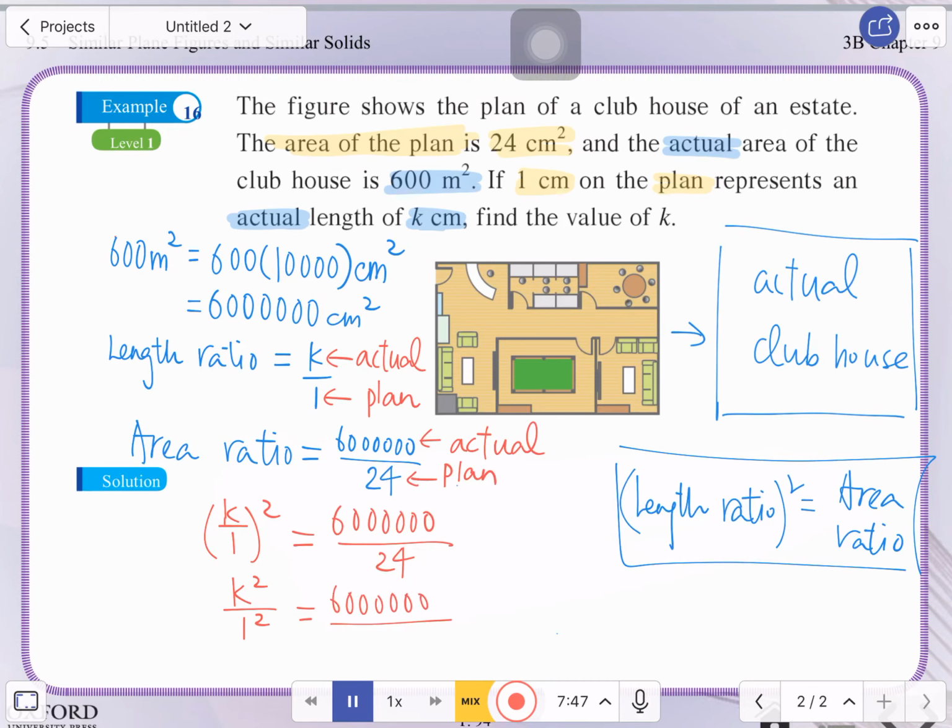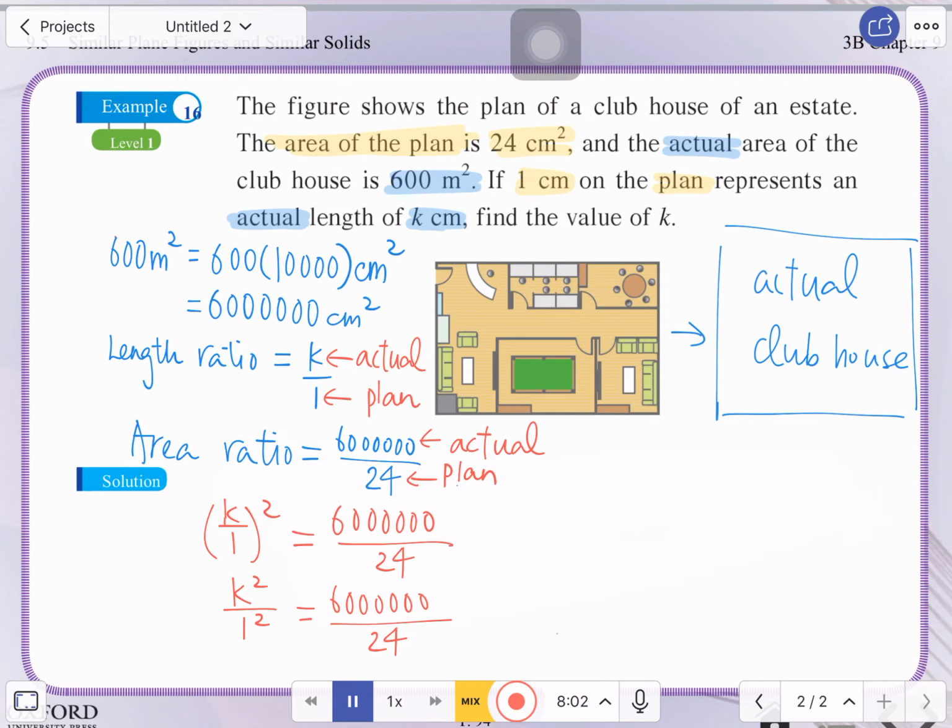The right hand side is still unchanged. And as we know, 1 square is actually still 1. So we just simplify the equation into k square equals 600,000 over 24.